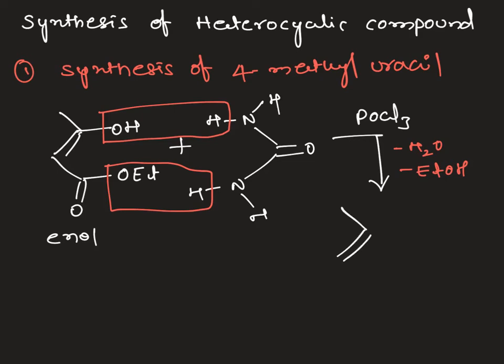You can see this bond is connected to nitrogen, and this carbon is connected to nitrogen. N-H is already there on the nitrogen, C double bond O, N-H, and this we call 4-methyl uracil.